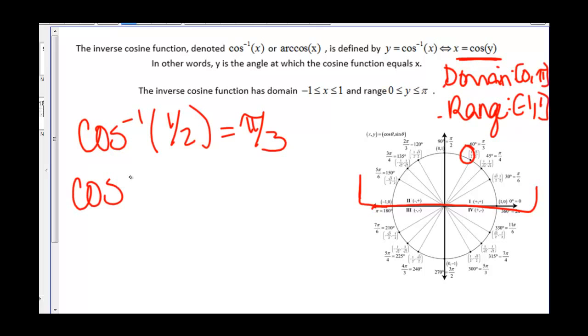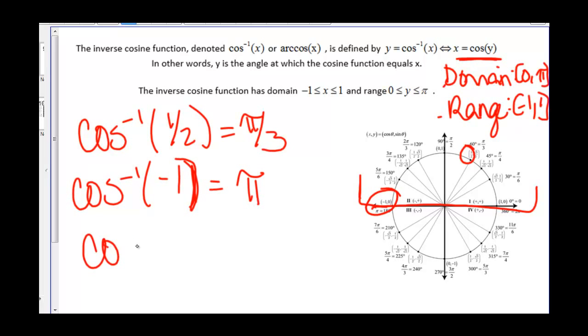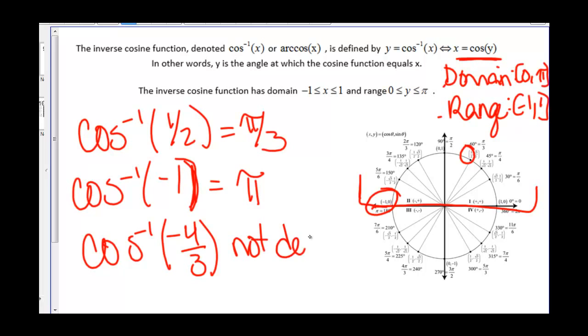Inverse cosine of negative 1 occurs over here at pi. Inverse cosine of negative 4/3, well, that's outside of our range, so this is not defined.